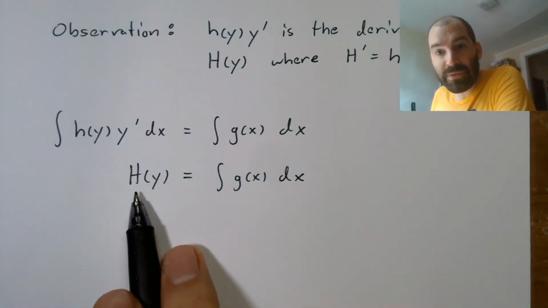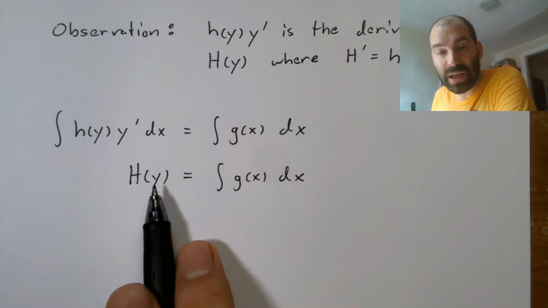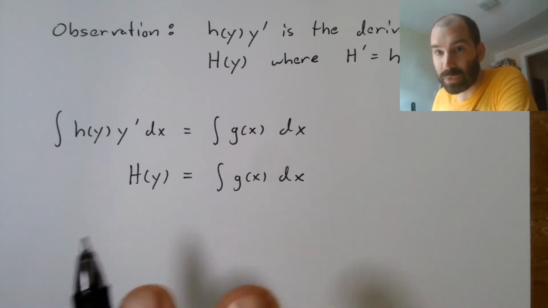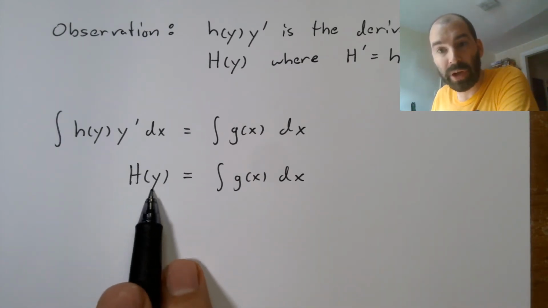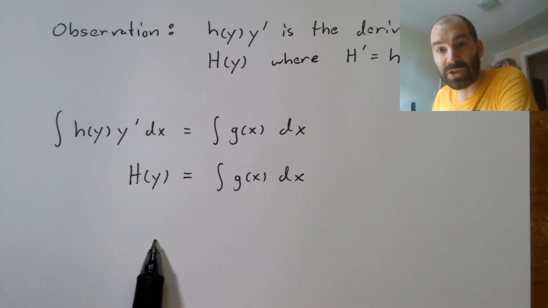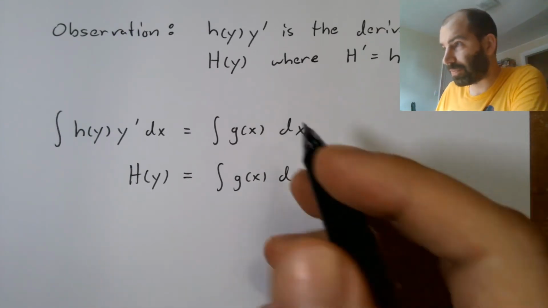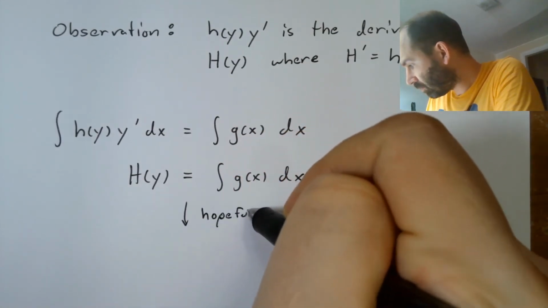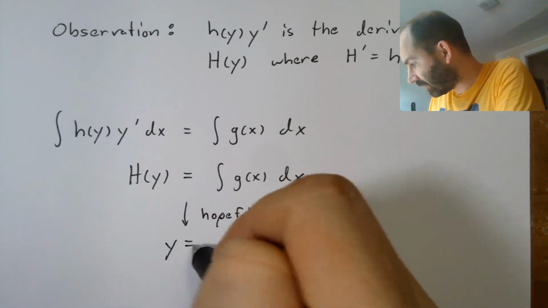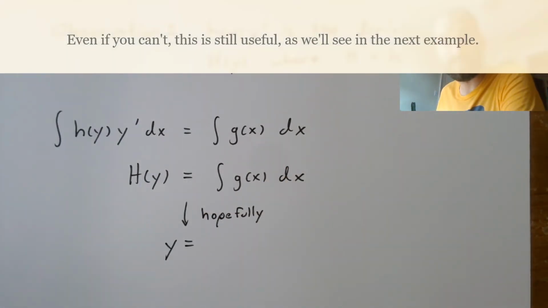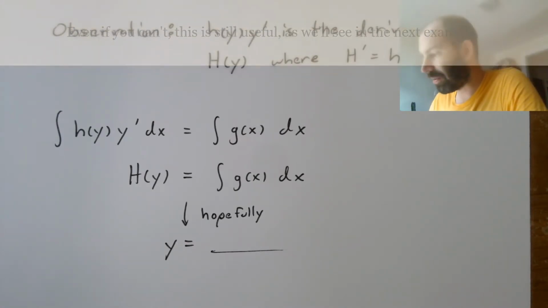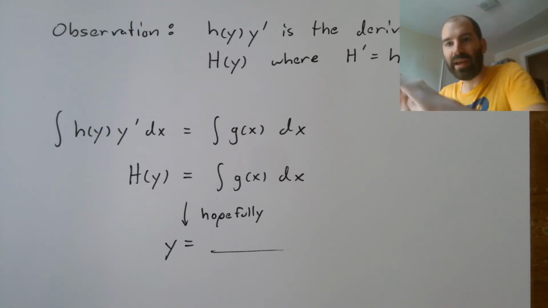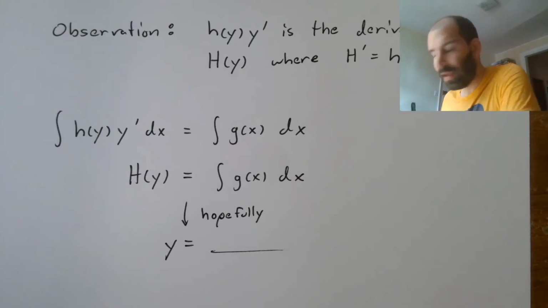Now, if we can end up solving this for y, which you can't always do, but you hope that you will, then we will be able to get to the solution of the differential equation. So hopefully, you can write this as y equals some function. Okay, so that's the idea of separation of variables, getting all the y's on the left and all the x's on the right.